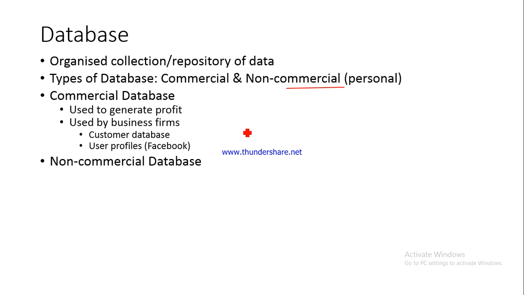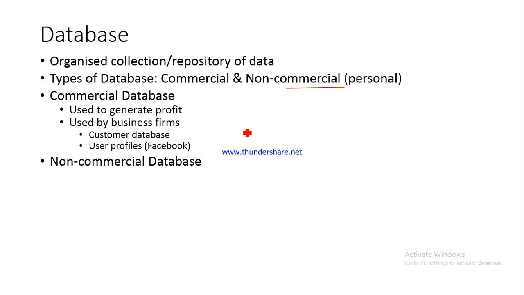Then we have got the non-commercial database, or the personal database, wherein the database is not being used for any commercial purpose. Now let's think of the data that you collect when you are conducting your researches. So maybe you are conducting researches with, let's say, 50-100 respondents, and then you collect the data, and then you are able to find out whether a particular customer is satisfied or not with the product.